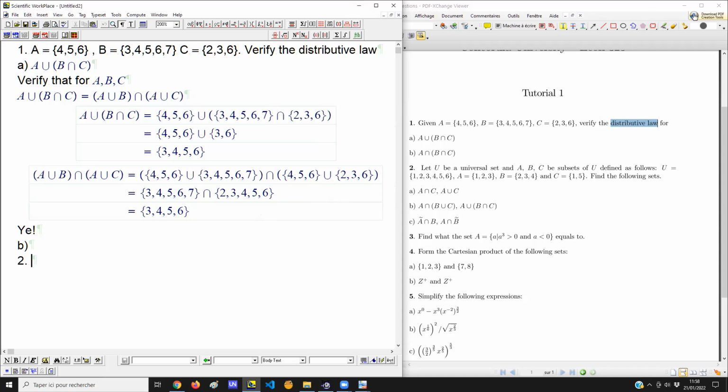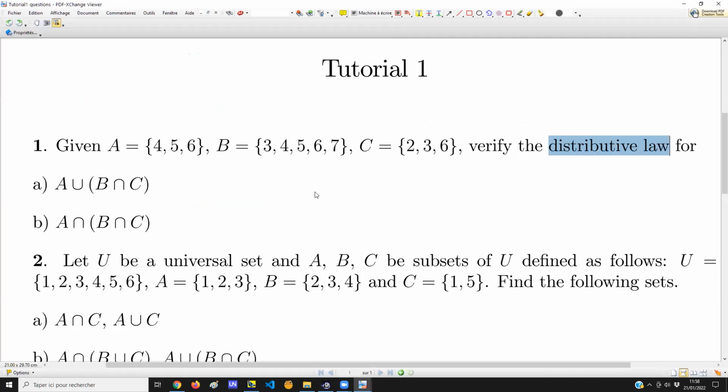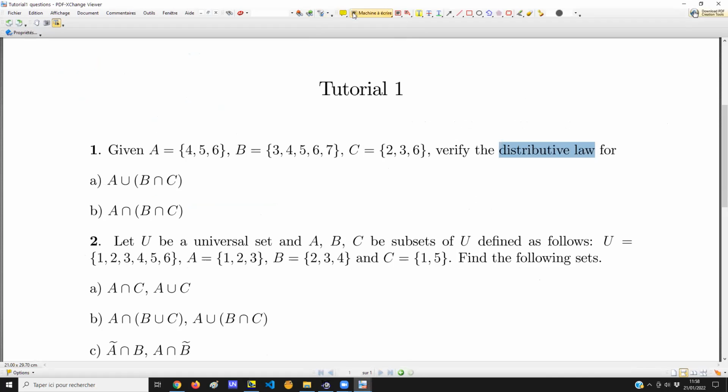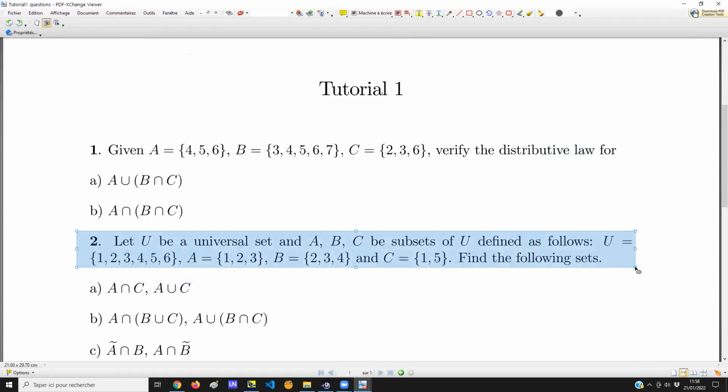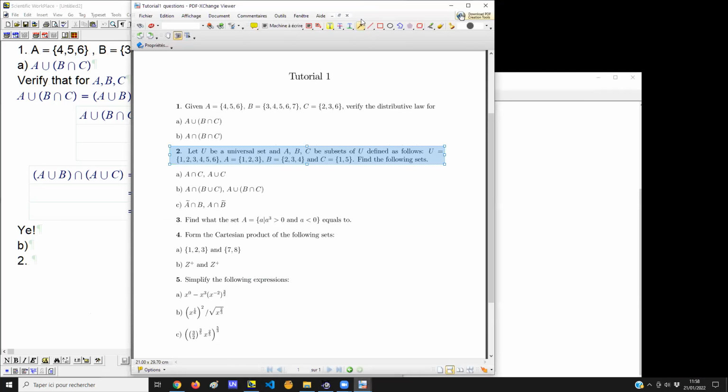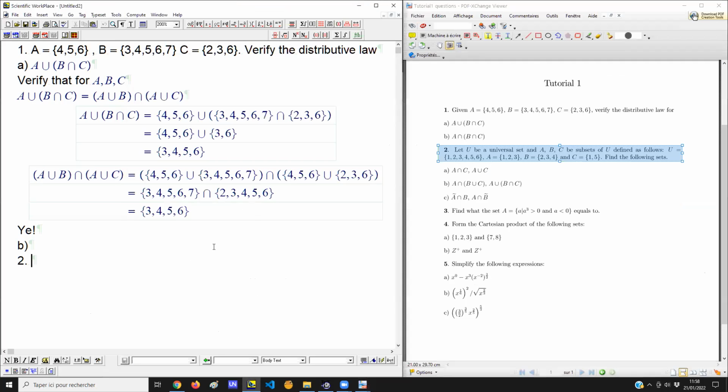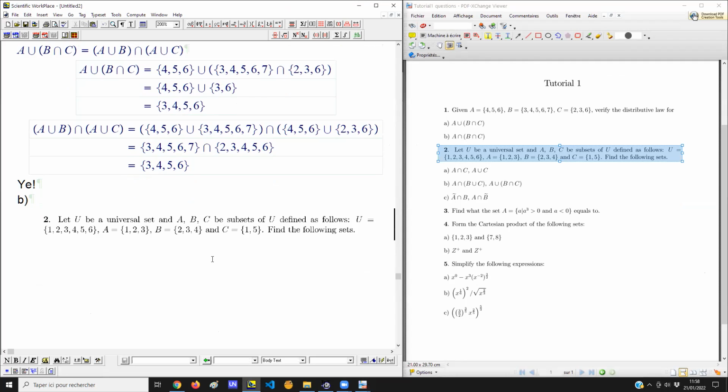What I'm going to do actually is just copy paste this. This is less painful. So let U be a universal set, A, B, C be subsets of U defined as follows. So U is 1, 2, 3, 4, 5.